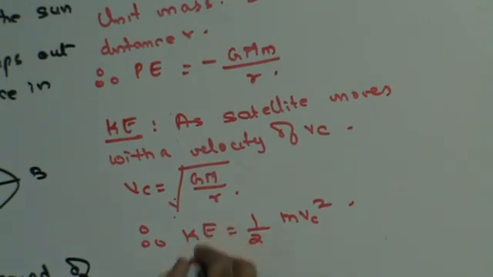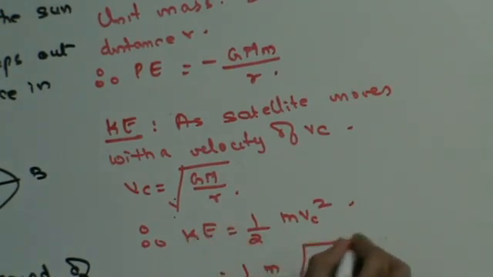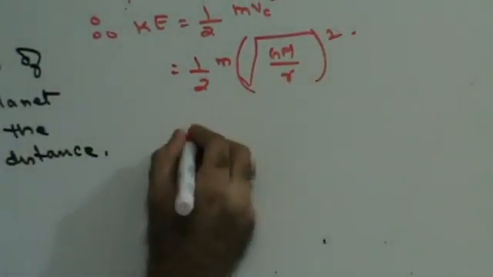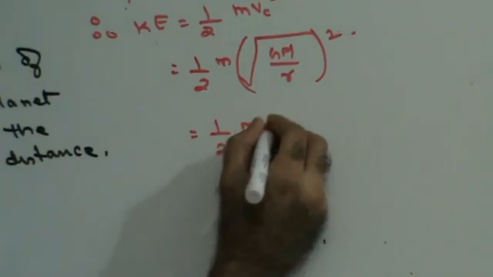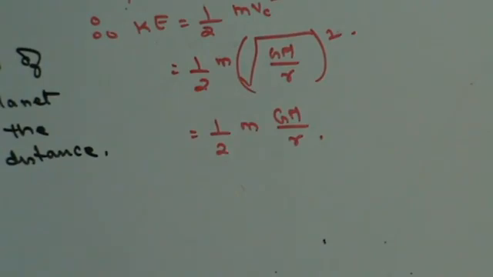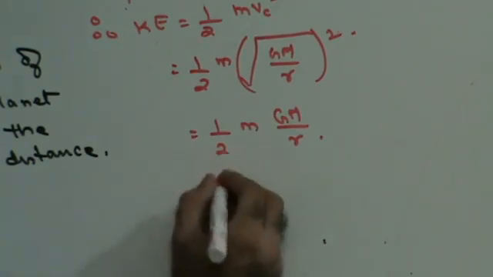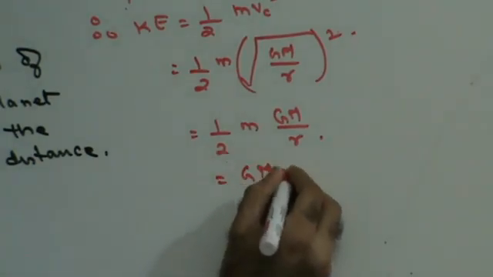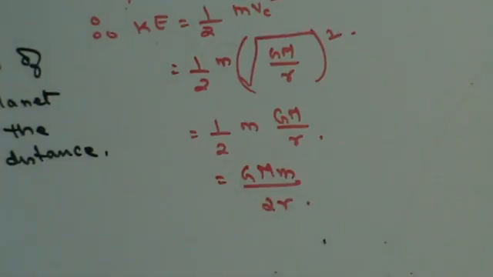So this is going to be equal to half m into square root of GM upon r the whole square. So this is half m GM upon r, right? Square and root gets cancelled. So then this is going to be GMm upon 2r. That will be the kinetic energy possessed by the satellite.